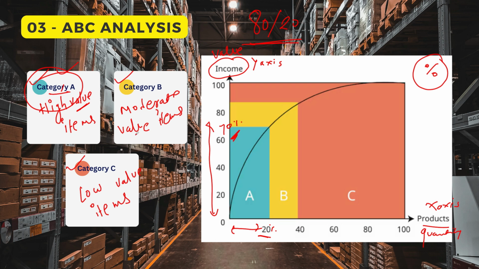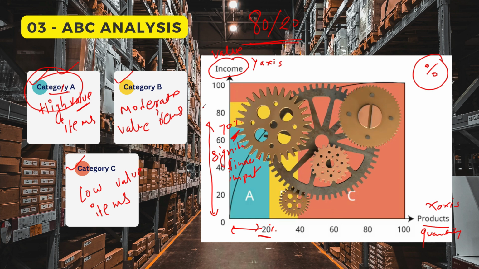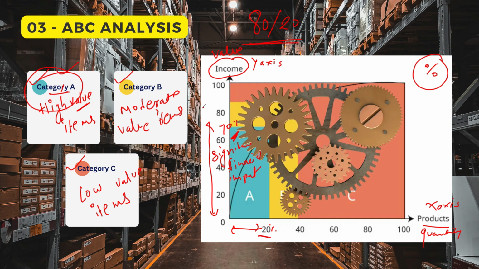So they require tight control and close monitoring due to their significant financial impact. Examples would be expensive machinery parts, critical materials, or products with high demand.